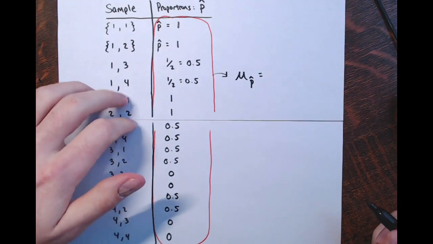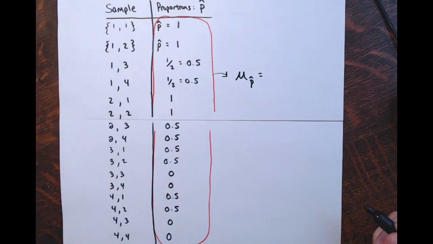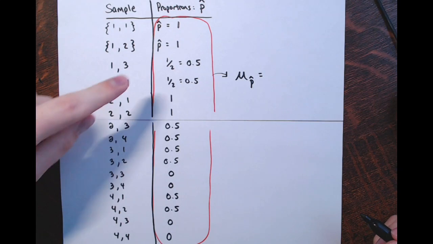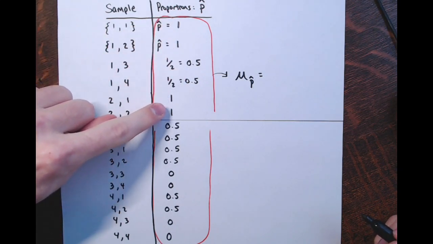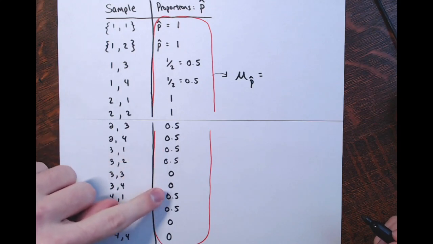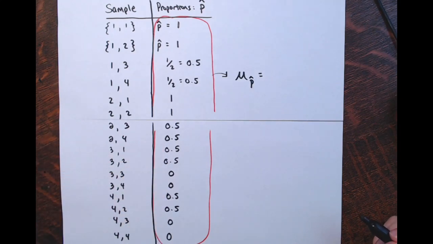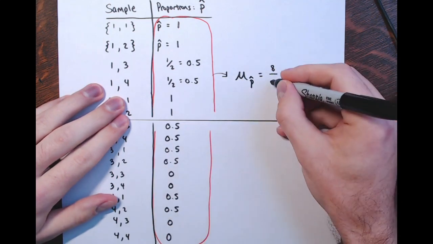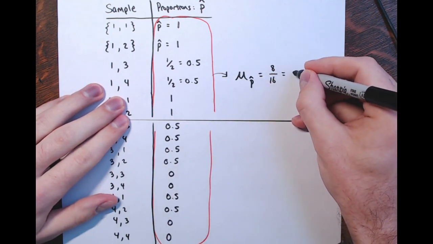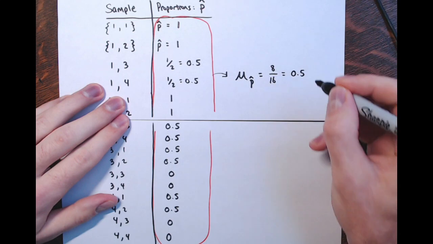There are only 16 of these, so it's not that many. Remember how to find the mean of a set: you add them up and divide by how many there are. So 1 plus 1 is 2, 3, 4, 5, 6, 7, 8. 8 is the sum of all those values, and then you've got some zeros. Divided by 16, 8 out of 16 is 0.5.